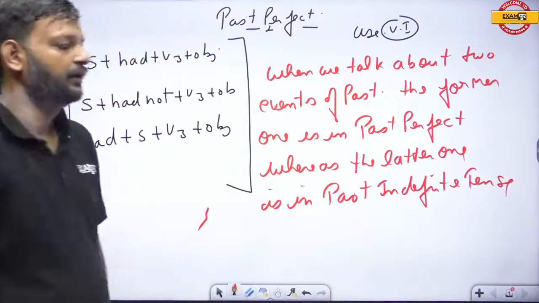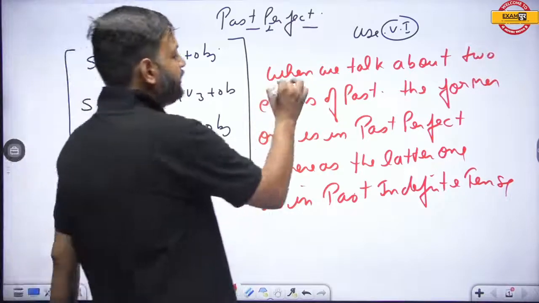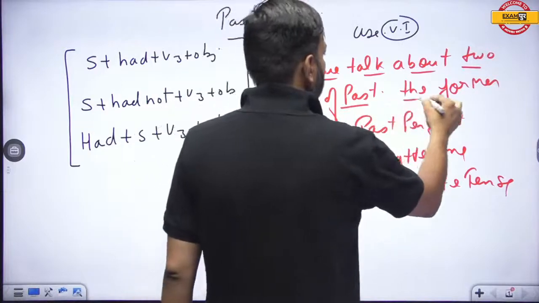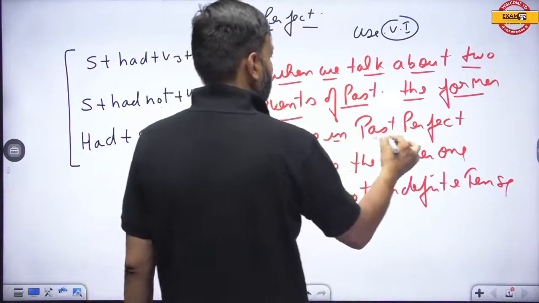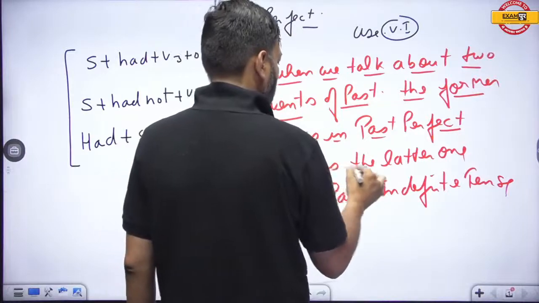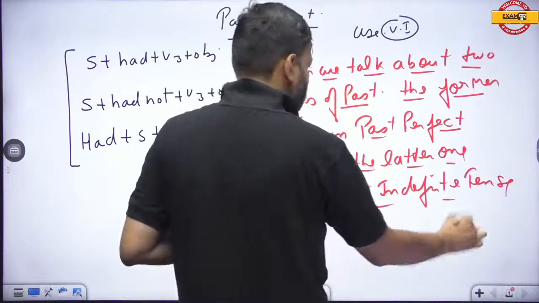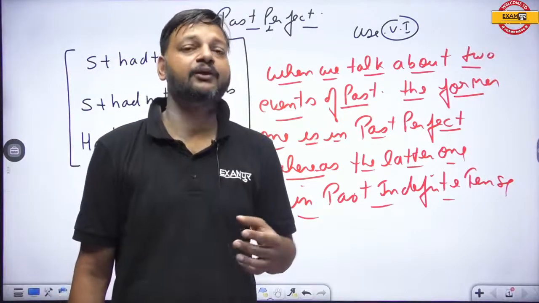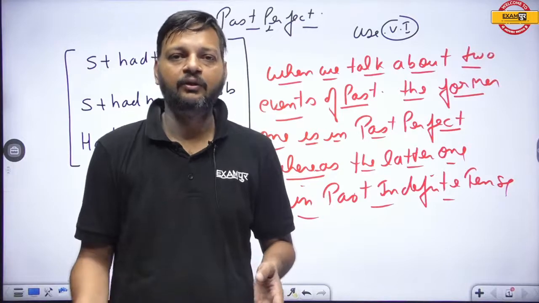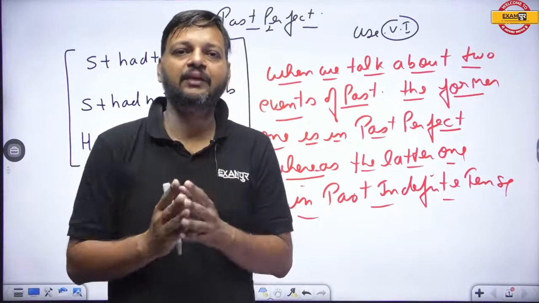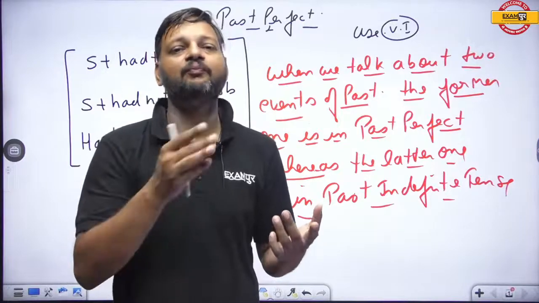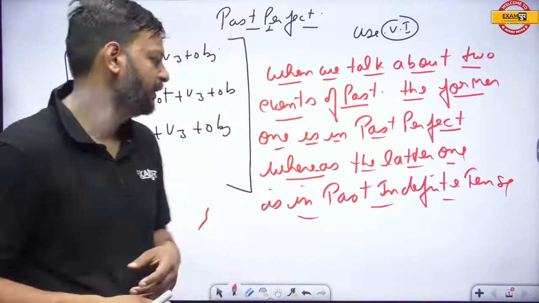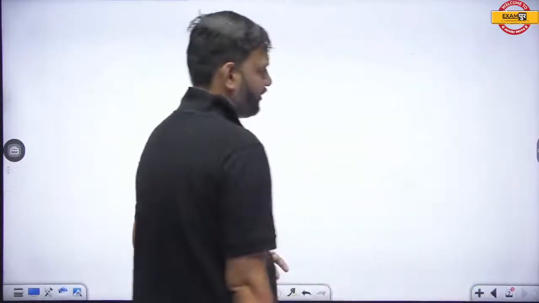Read this one more time. When we talk about two events of past, the former one is in past perfect, whereas the latter one is in past indefinite tense. Like, we are talking about the past and there are two events of past. So the event that took place first is past perfect and the event that took place later on is past indefinite. Let me explain with the help of an example.